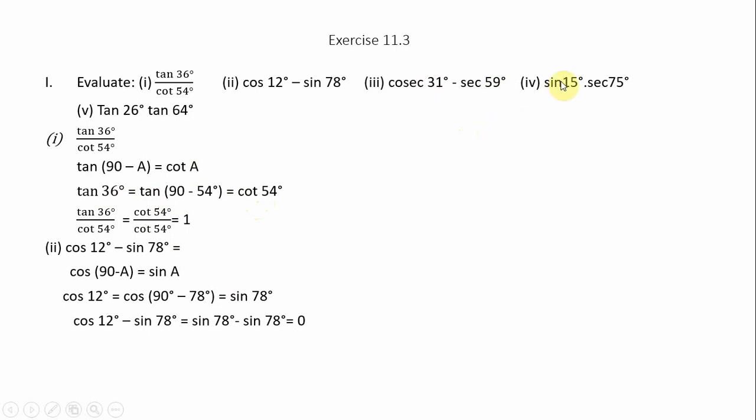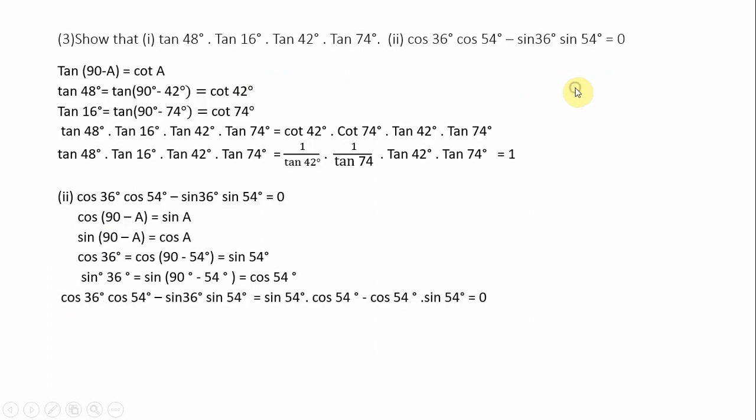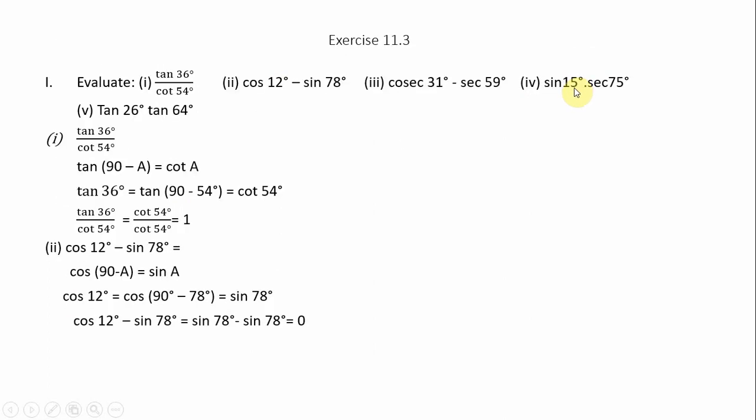Right? Now sin 15 and secant 75. Listen children, sin 15, sin is to be converted to what? Cos. It won't be converted to secant. Here directly conversions are given for 1, 2, 3, but in the fourth question sin and secant are given to you. Remember, listen carefully: sin becomes cos, cos becomes sin. So sin 15 degrees is equal to sin 90 minus 75 degrees.